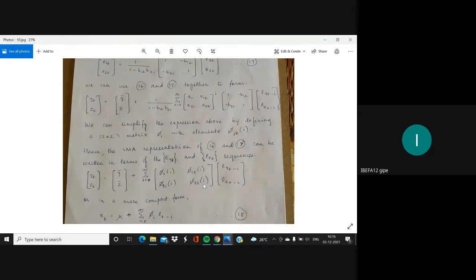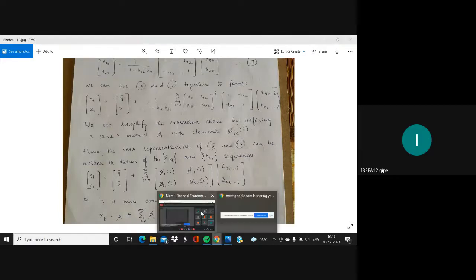Then in the first time period, it will assume a different value. In the second time period, the impact of that shock will die down, or it will reflect in GDP very slowly. So we're basically tracing the evolution of the impact of a particular shock over various time periods. I hope that answers your question.